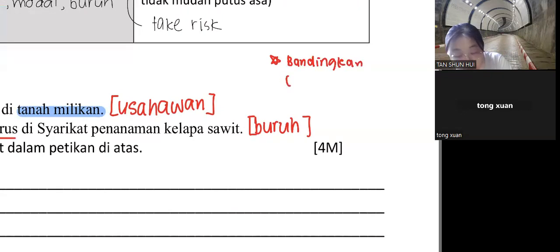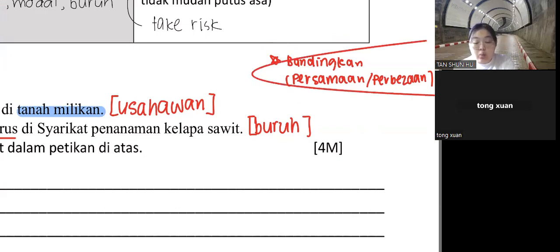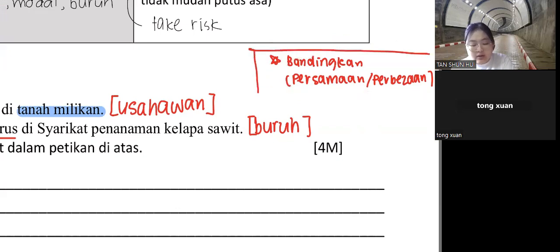Bandingkan means you must tell me both persamaan and perbezaan. Both similarity and perbezaan. If the question asks you bandingkan, you must have at least one persamaan and at least one perbezaan. You must have both.